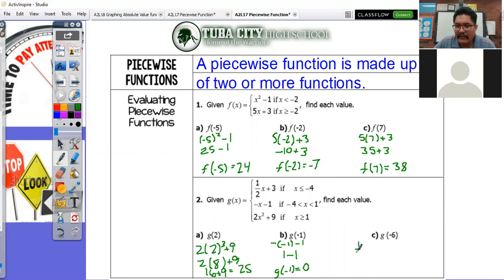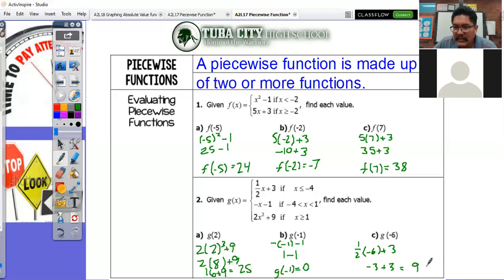So 1/2 times -6 plus 3. So half of -6 would be -3, plus 3. There we go, -3 plus 3 would be 0.